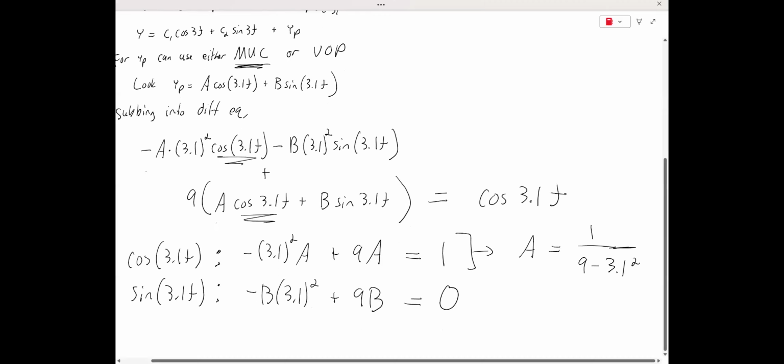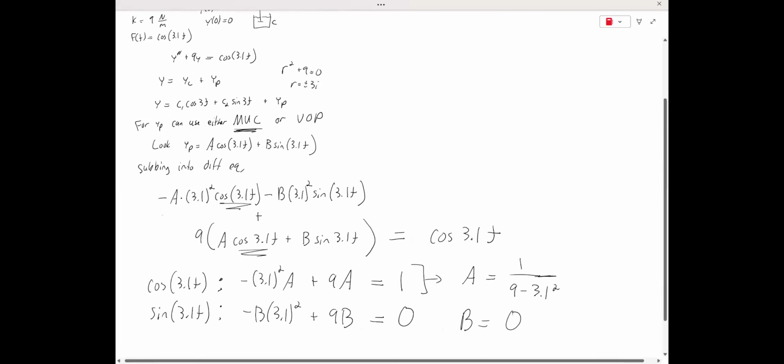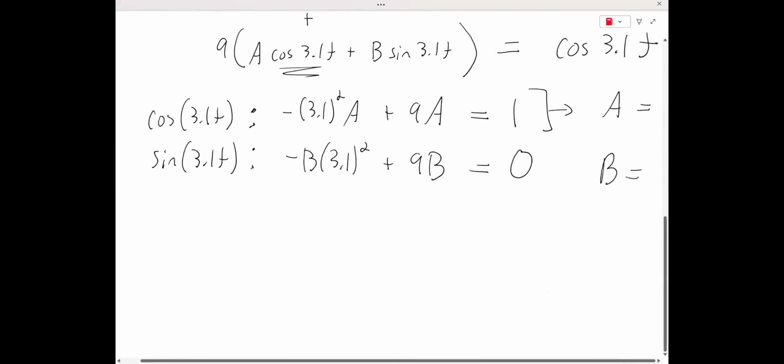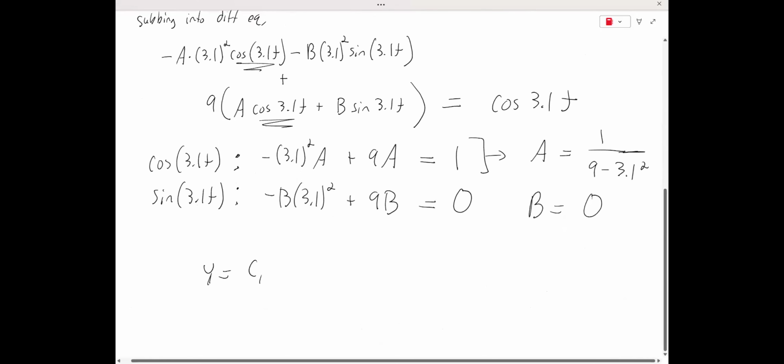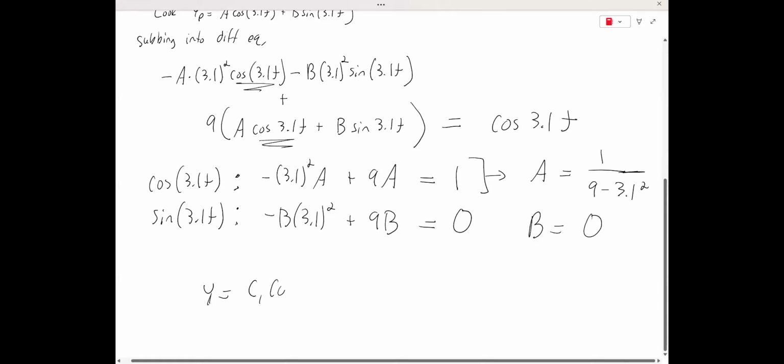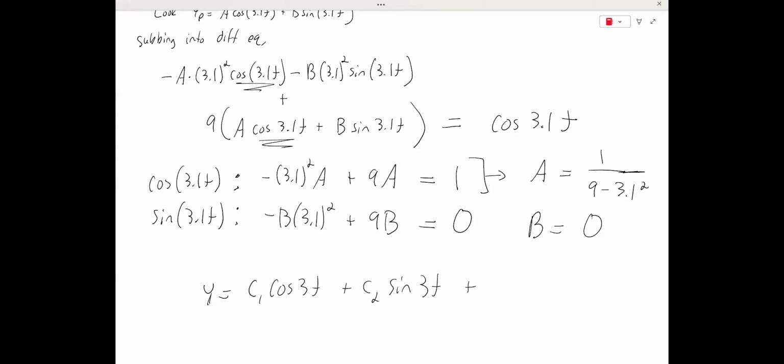Then the b would be equal to what? 0, right? The b would have to be 0 here. So we got the a and b. So for the general solution, if I recap, I got y equals C1 cosine 3t plus C2 sine 3t plus the particular solution.